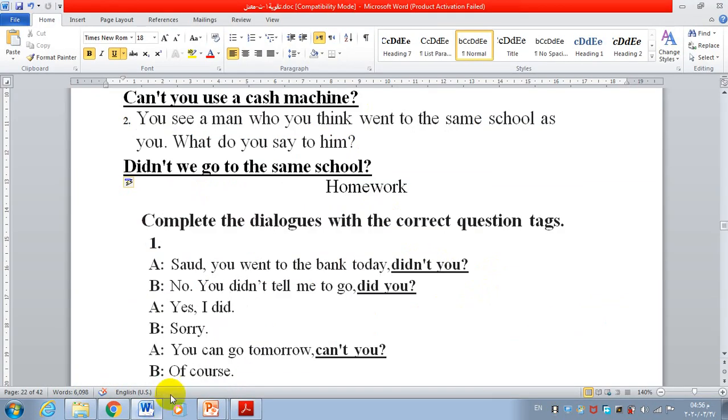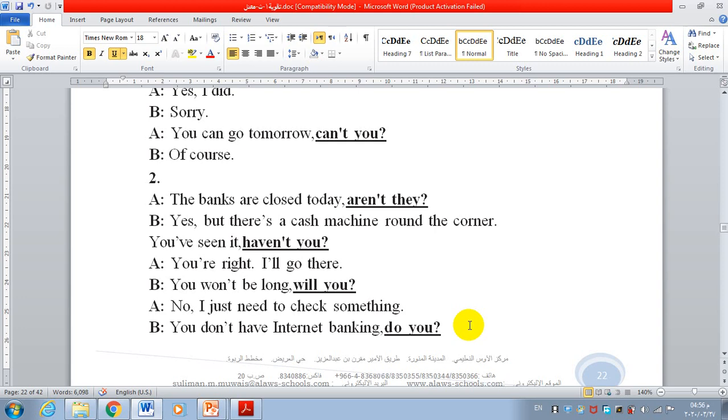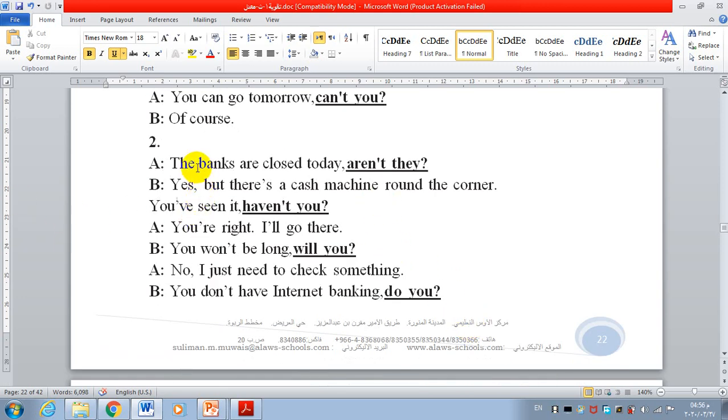Okay, very good. The right answers for these sentences: the first one, we use aren't they. But why? As I told you before, the helping verb here, are, is affirmative, so we use it in the negative, followed by they instead of the banks, because the banks is a plural noun. Here we use haven't you.